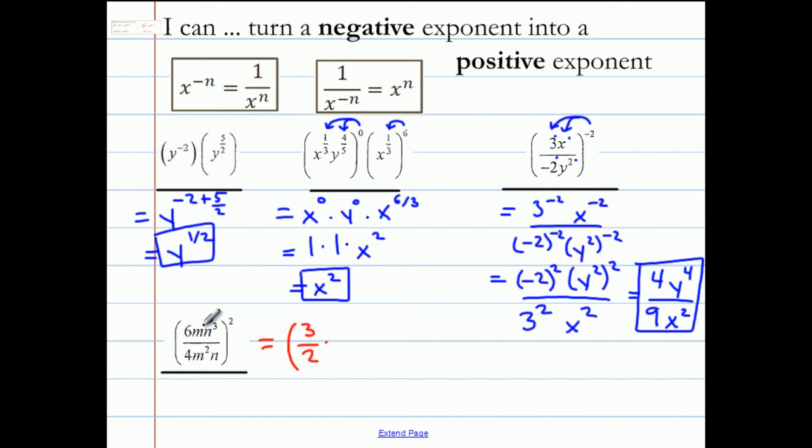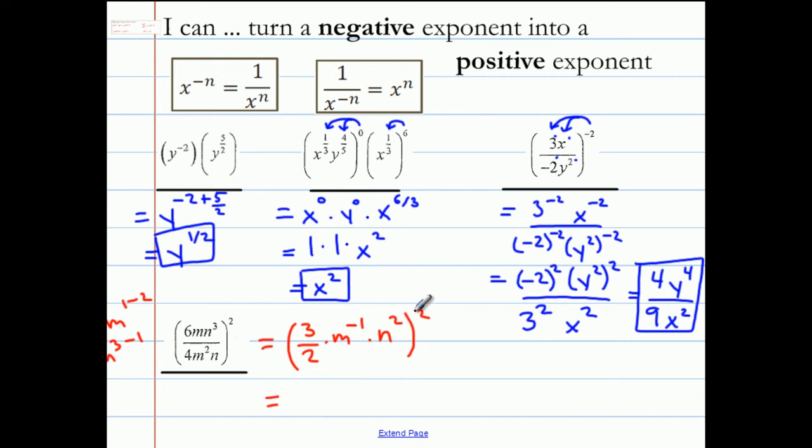And then m divided by m squared is the same as m to the 1 minus 2. So this is m to the minus 1. And then n cubed divided by n is the same as n to the 3 minus 1. So n squared. And this is all squared.